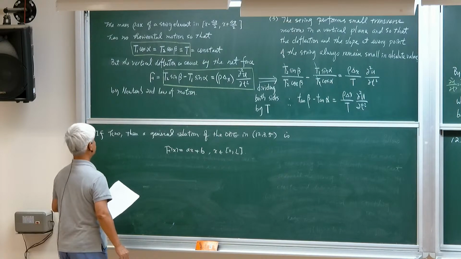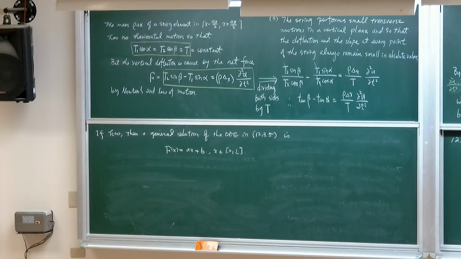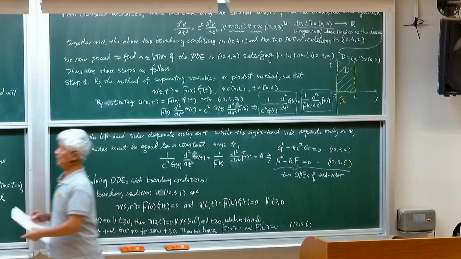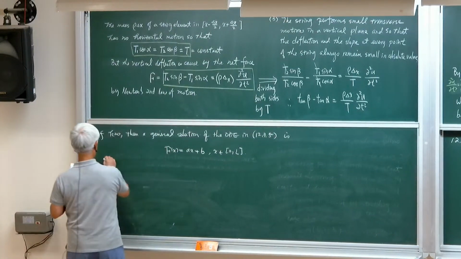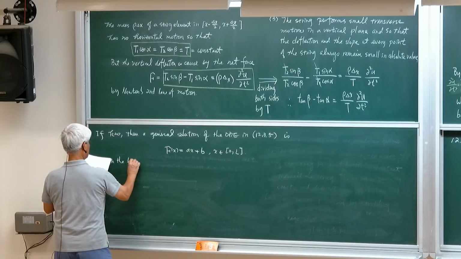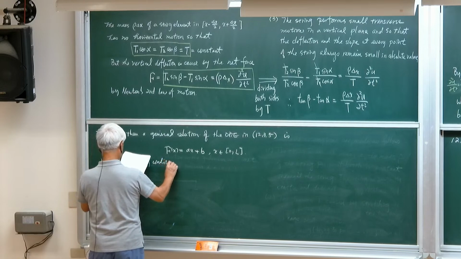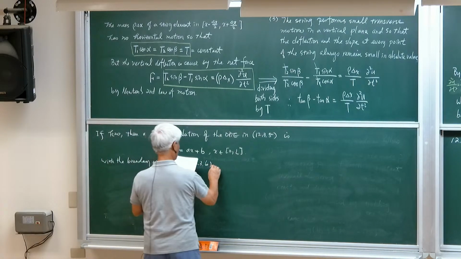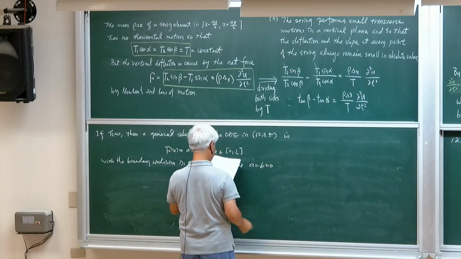So if k equals 0, this is the general solution, and by applying the boundary condition in 2.3.6, we have A equal to B equal to 0.